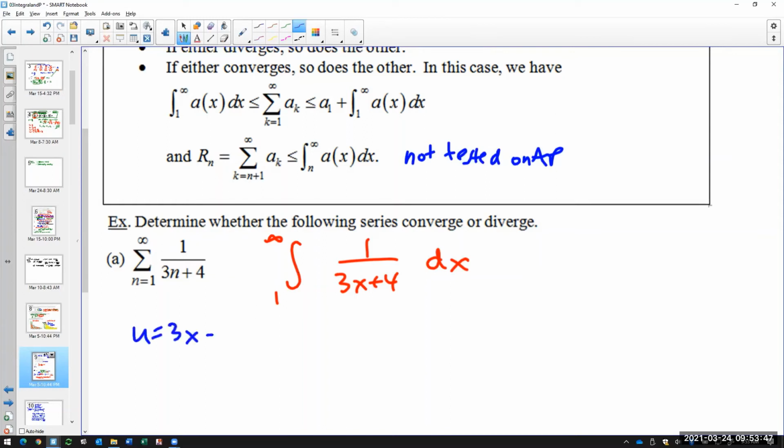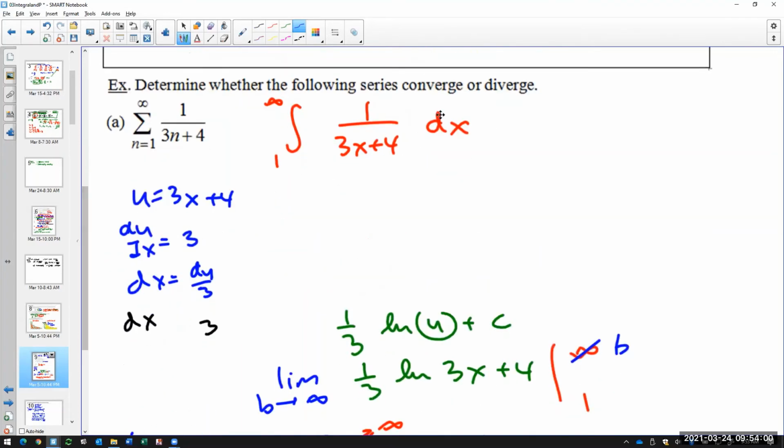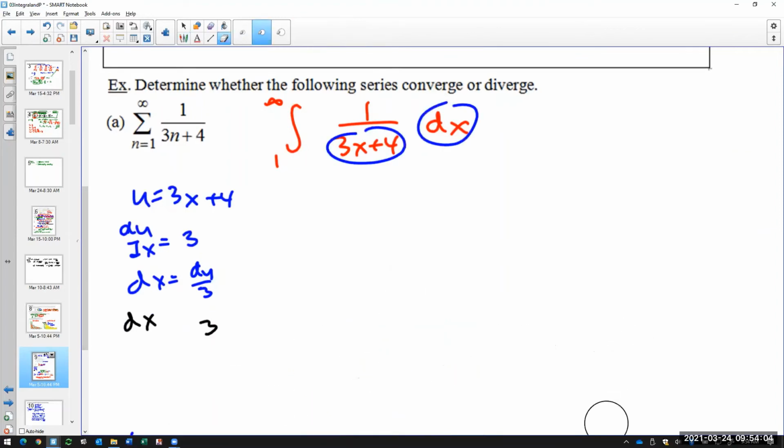All right, so let's do this. I'm going to do u substitution here. So du/dx is going to be equal to 3, so dx is going to be du over 3. I substitute two things: my u and my dx. So this becomes the integral of 1 over u times du over 3.